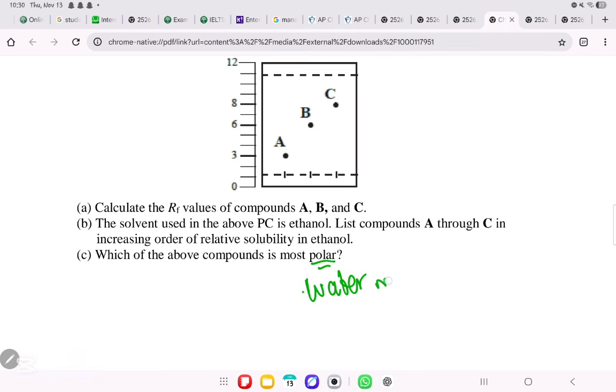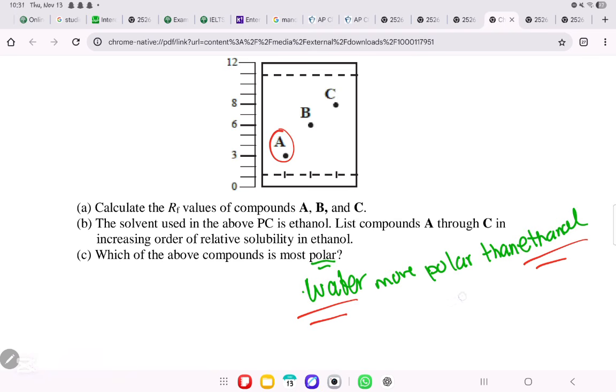Now, of course, water is more polar than ethanol. Very important information. Water is more polar than ethanol. Right? So, if something is soluble in water, it's going to be less soluble in ethanol. What does this mean? This means our answer should be A. Why? The more soluble it is in water, the less soluble it's going to be in ethanol.